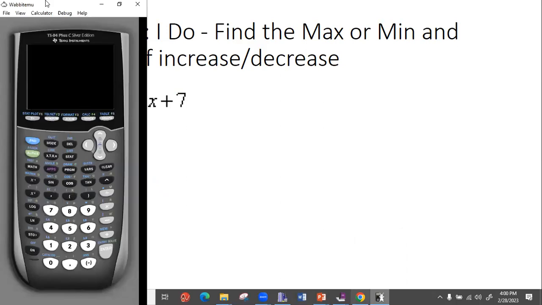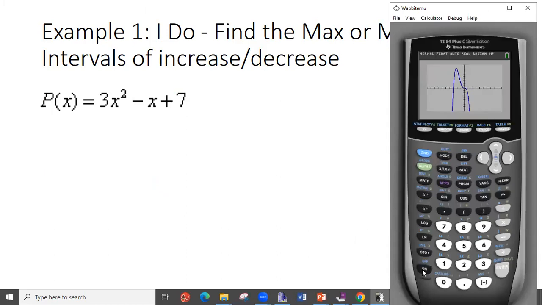I'm going to turn on my calculator, press second plus 7, 1, 2, and we're going to type in 3x squared minus x plus 7. I'm going to hit graph, and it draws my parabola. Did you get a parabola?